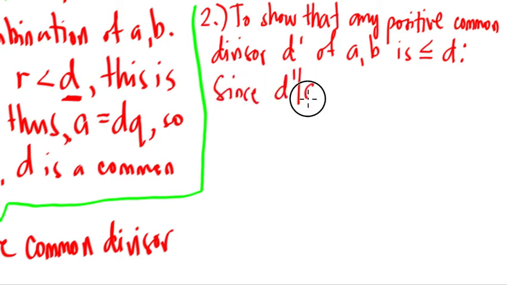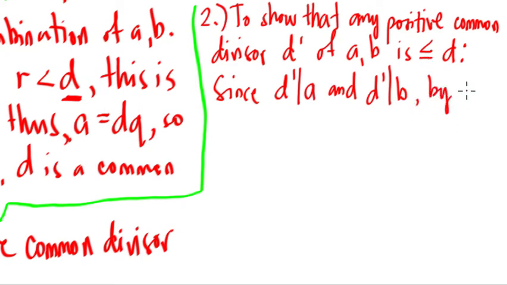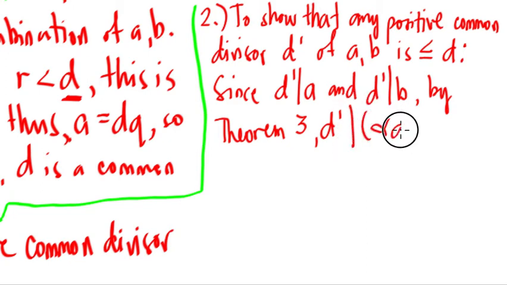So we say, since D prime divides A and D prime divides B, then by theorem 3 from our videos, you can just search it on my YouTube channel, there's a theorem 3 there, D prime divides alpha A plus beta B. It's a linear combination.